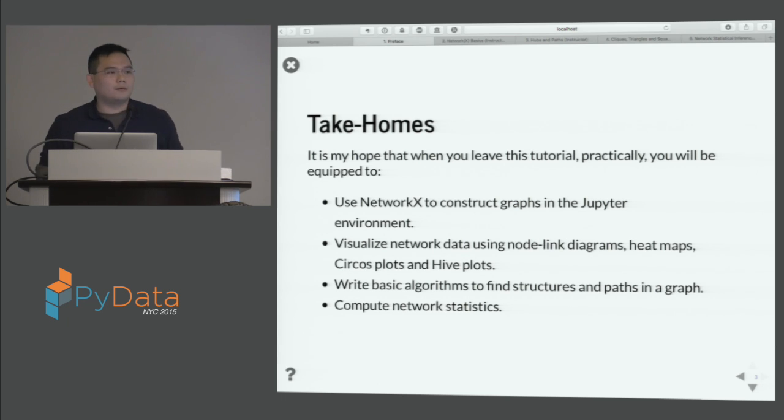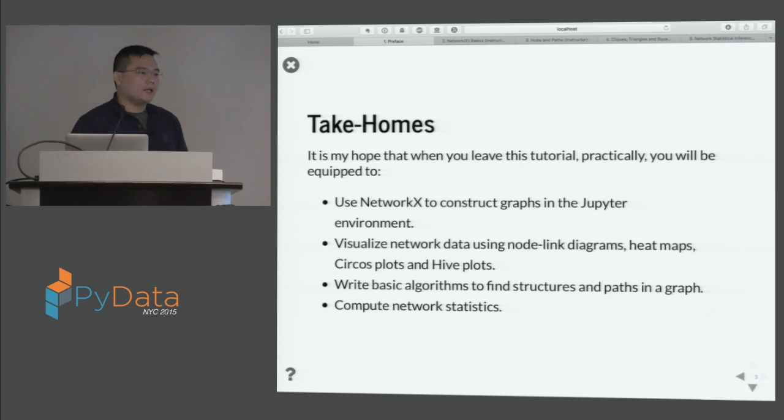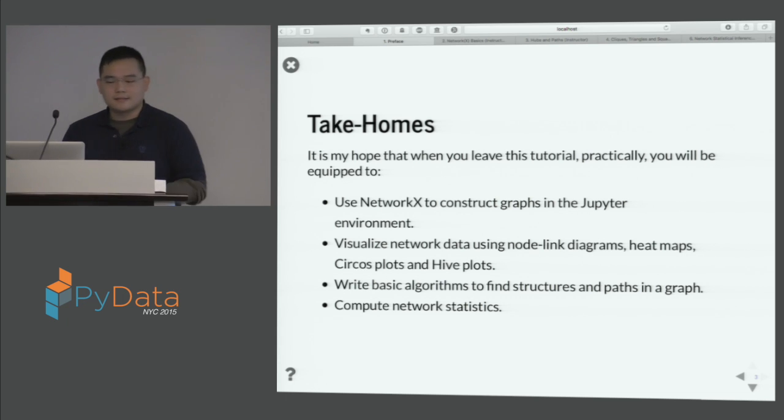Secondly, you'll have a recognition of some common network visualization methods: node link diagrams, heat maps, Circos plots, and hive plots. You should be able to implement basic algorithms to find structures and paths inside a network.